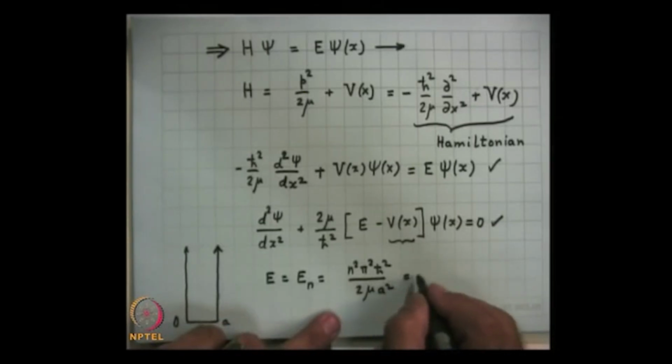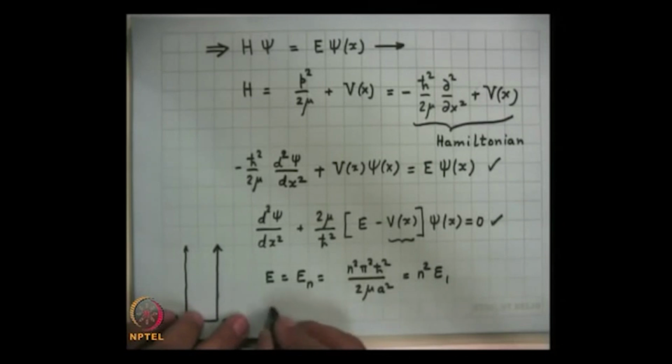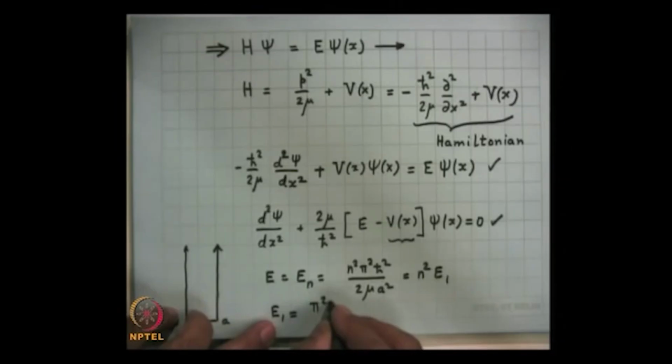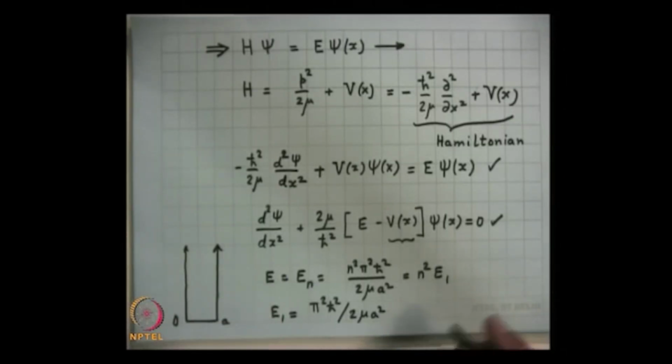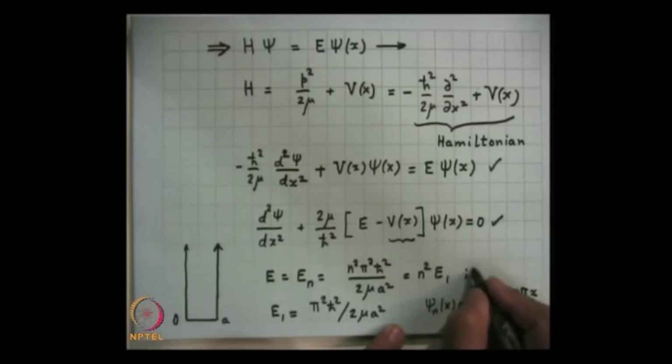This is equal to n square E 1, where E 1 is the energy level corresponding to n equal to 1, that is the ground state energy value pi square h cross square by 2 mu a square. And the corresponding wave function was given by psi n of x equal to under root of 2 by a sin n pi x by a, where n takes the values 1, 2, 3, etc.